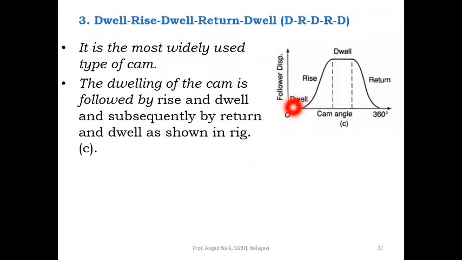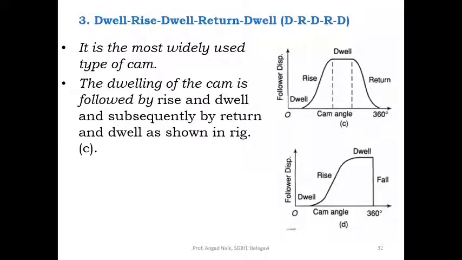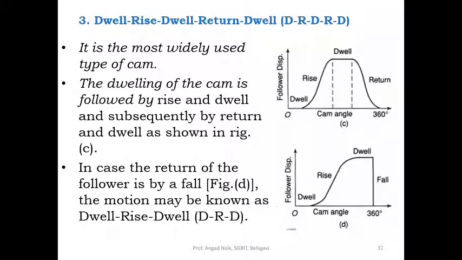So here there is dwell, and there is dwell, and then we have rise and return, and subsequently return and dwell as shown in the figure. In case the return of the follower is by a fall, then the motion may be shown as dwell, rise, dwell.